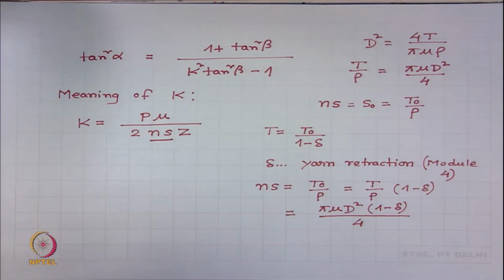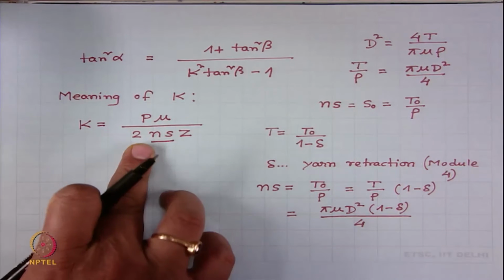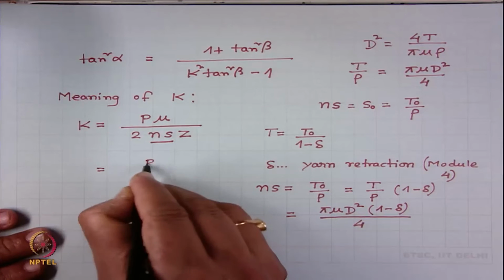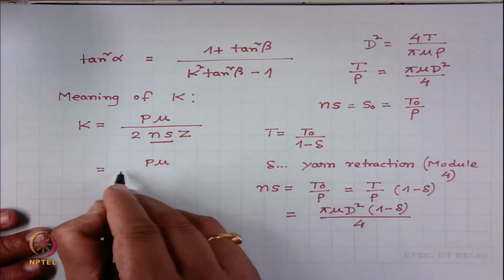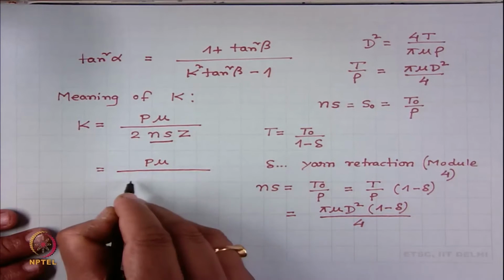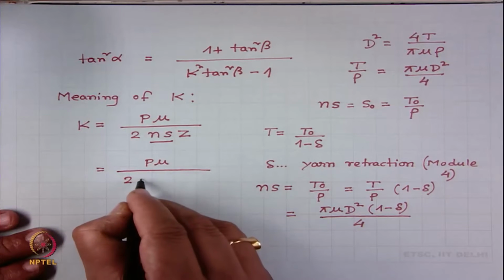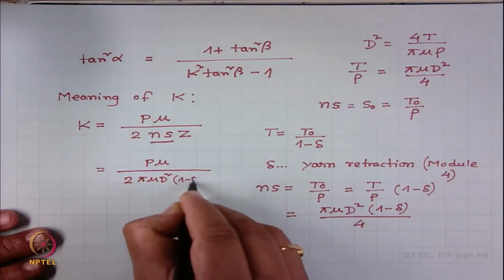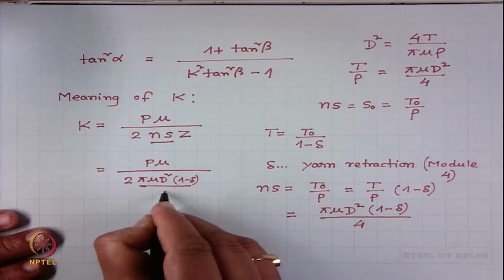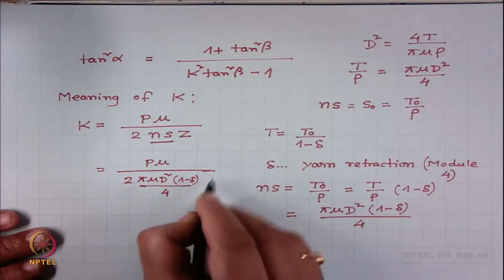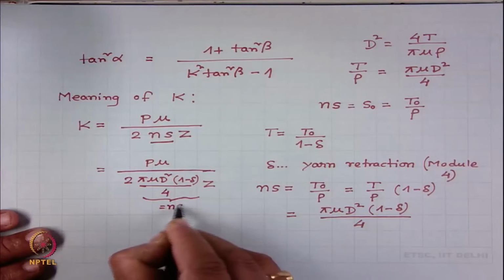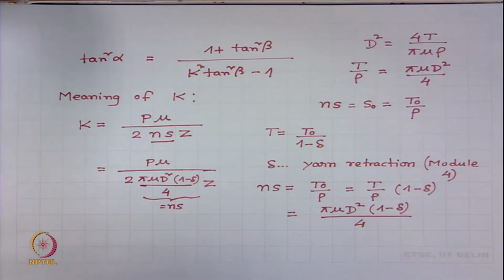Right. This Ns we substitute here. So, what we obtain is P, period of migration, into packing density, 2, pi mu d square, 1 minus retraction by 4, this is your Ns and this is your Z. Right.